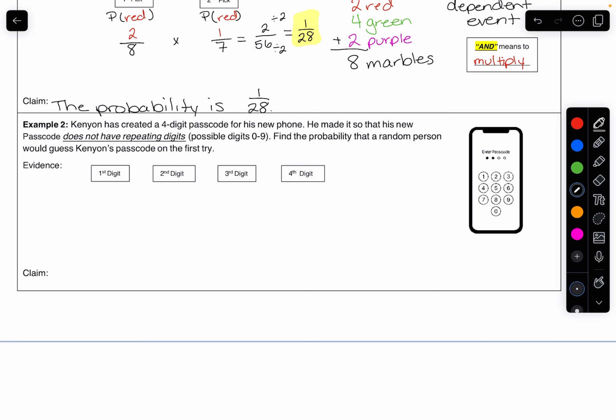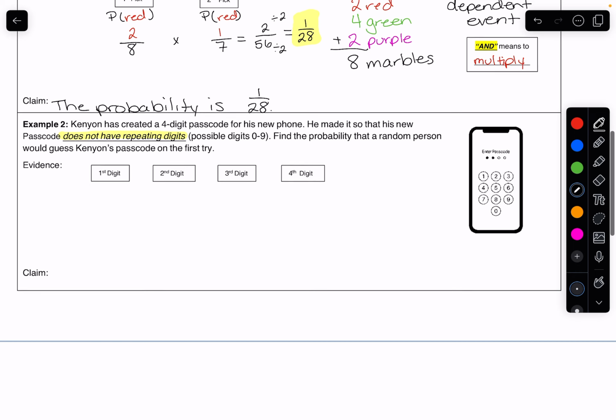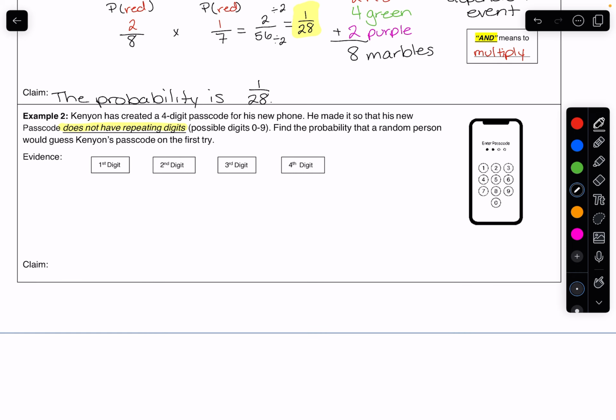Okay, so last one. Example number 2 says, Kyan has created a 4-digit passcode for his new phone. He made it so that his new passcode does not have repeating digits. So that means we're going to do it without replacement.